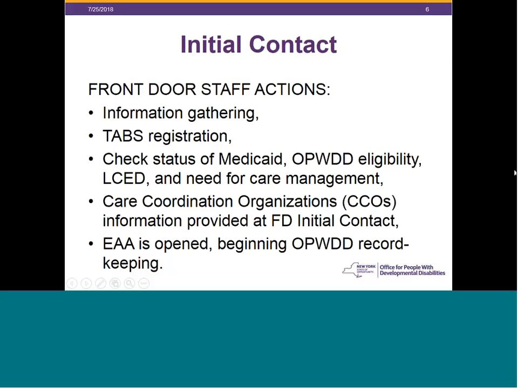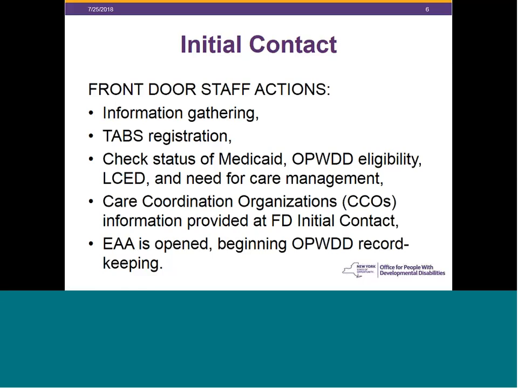So in the initial contact phase of the front door, this is the point at which the front door, as I mentioned, is doing very basic information gathering of the individual. If this individual has not been registered in TABS, some people have, but if that hasn't happened, then we will do a TABS registration.